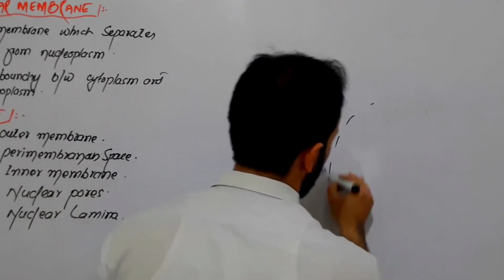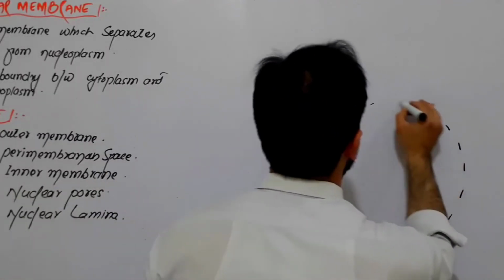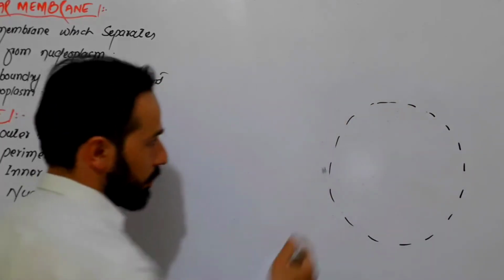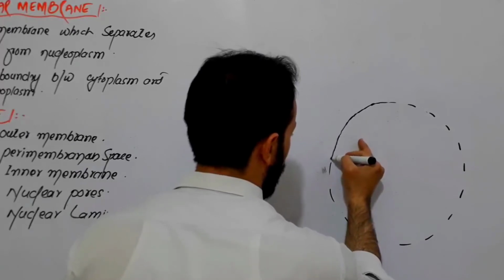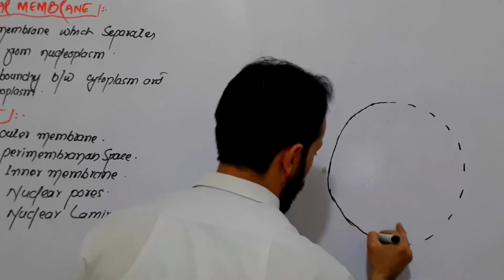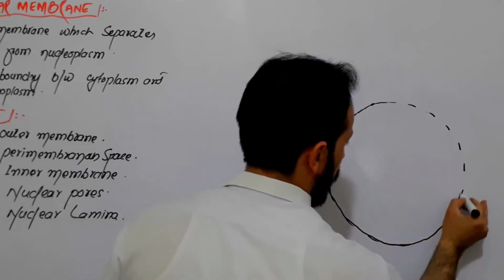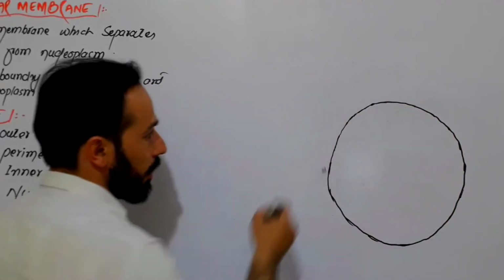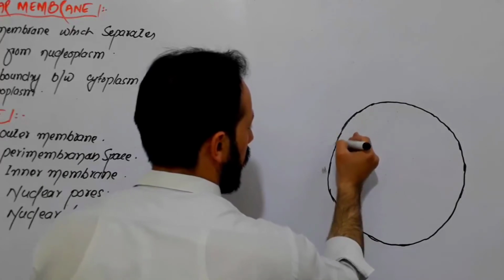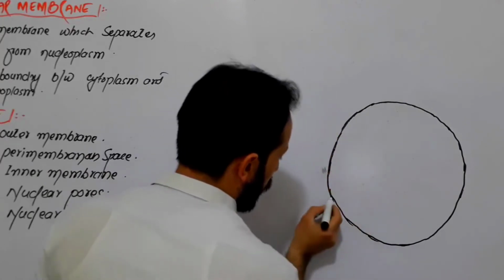So look my dear friends, this is a nucleus, right? This is not a cell, this is a nucleus. So this nucleus consists of an inner membrane, right? This is an inner membrane. And then it contains an outer membrane, as I told you.